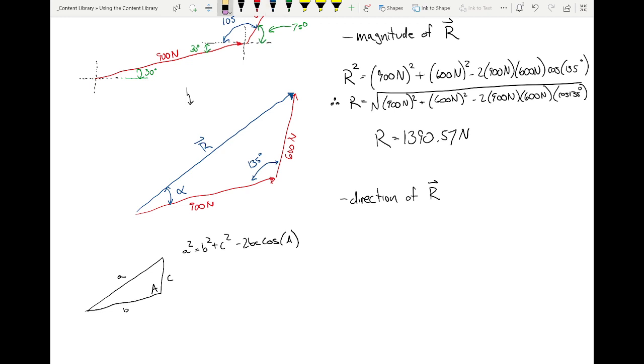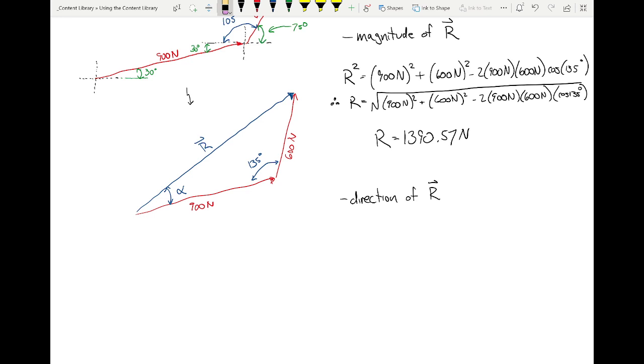So, you know what? If it's okay, I'm going to erase this. This is getting in my way. So, in order to determine the direction of R, I'm going to need to use opposites, right? So the sine of alpha is to 600 as the sine of 135 is to the magnitude of R, right? Make sense?